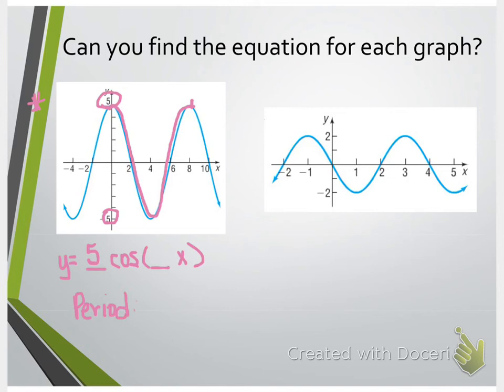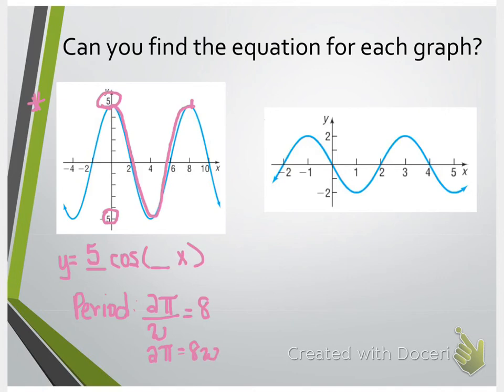All right, so we've got to think backwards, because we don't need the 8. The 8 doesn't actually go into the equation. What goes into the equation is omega. Remember, 2 pi over omega is the period, so we need to solve for omega. If we multiply both sides by omega, we get 2 pi equals 8 omega.